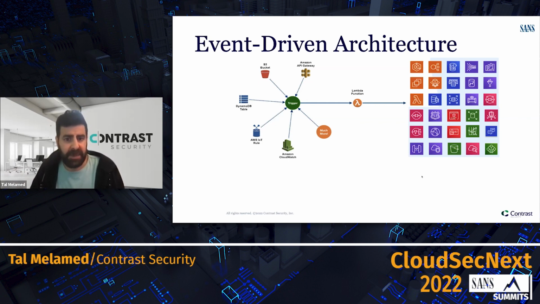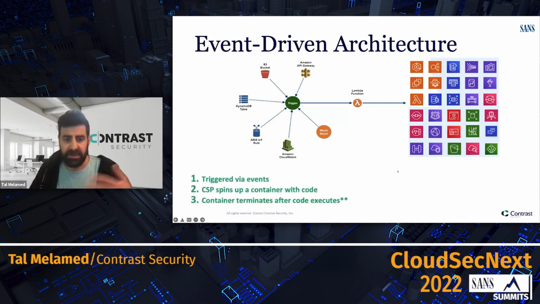Anyway, some event happens in the background, whether it's S3 buckets, APIs, tables, IoT rules, or something changed in the cloud that you configured or defined, and that triggers the Lambda function. Then AWS, or the cloud provider, spins up your environment with the code inside and executes the code. The code usually then interacts with other services or resources in the cloud. Once it's done, basically the Lambda environment is done.